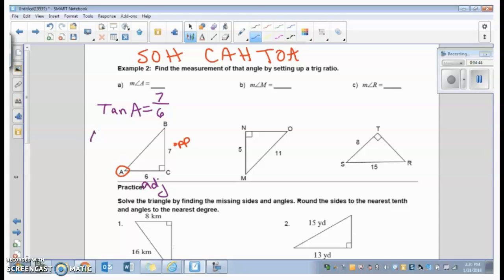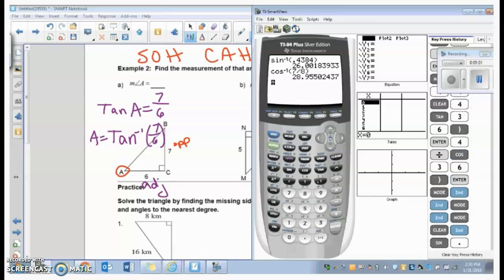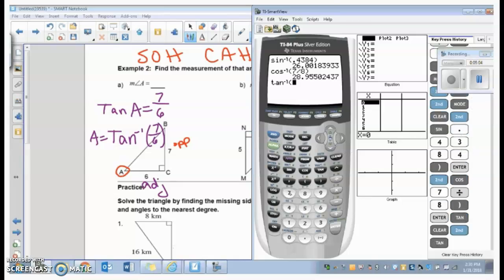Now we'll pull out our calculator, and A equals the inverse tan of 7/6. We want the inverse tan, so second tan, 7/6.